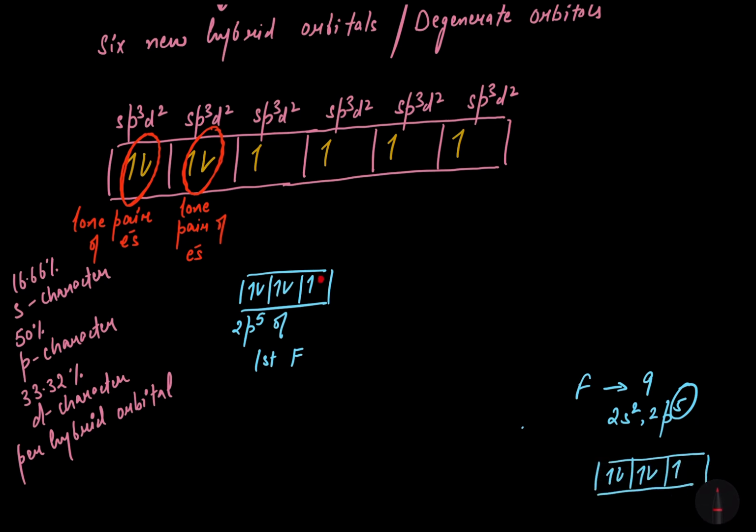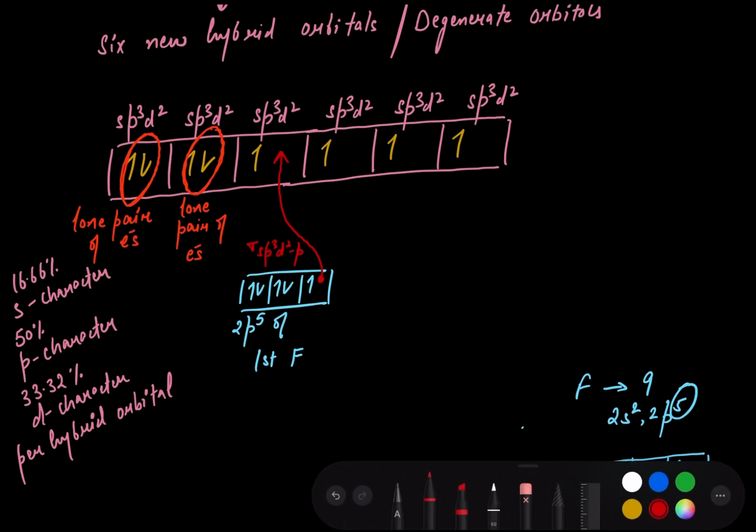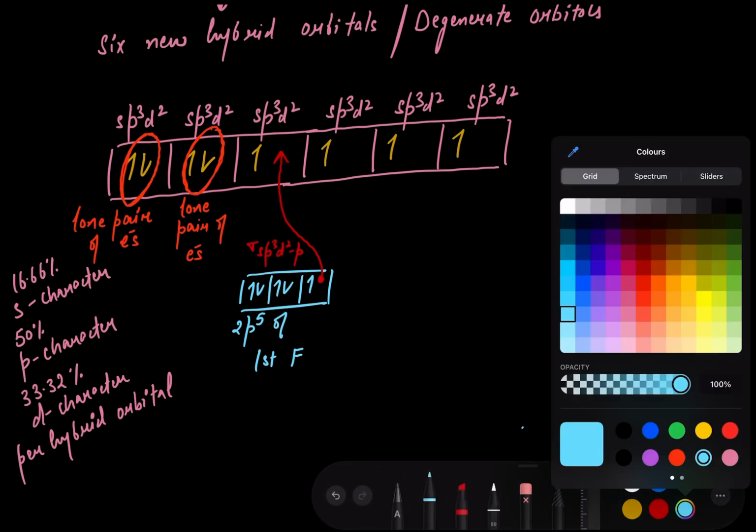So this atomic orbital of fluorine which is having 1 electron is going to have head-on overlap with the sp3d2 hybrid orbital of xenon for the formation of sigma bond. So we got the sigma bond, sigma sp3d2-p, as this sigma bond has been formed by head-on overlap of the sp3d2 hybrid orbital of xenon with the p orbital of fluorine. Now let's talk about the second fluorine.